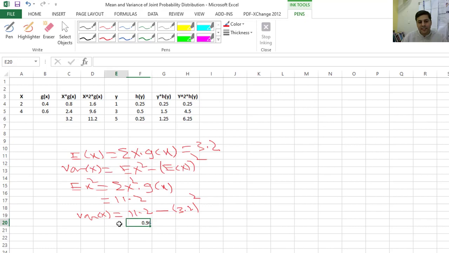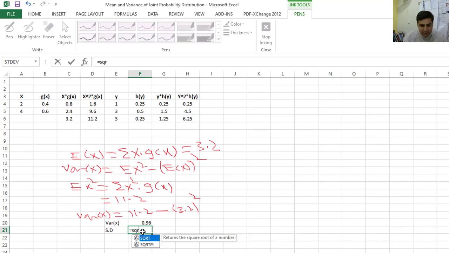So this is your variance of x. If you want the standard deviation, it is equal to the square root. So this is my square root, and you take this value. When you enter it, you will get the standard deviation for x.